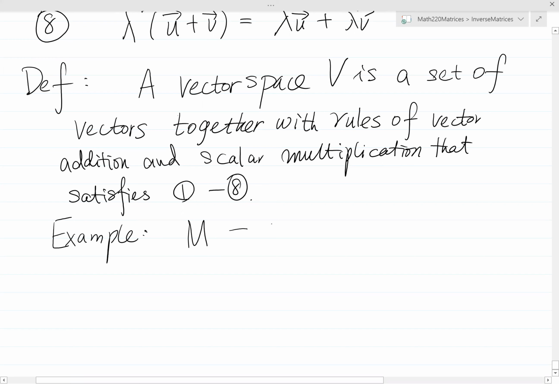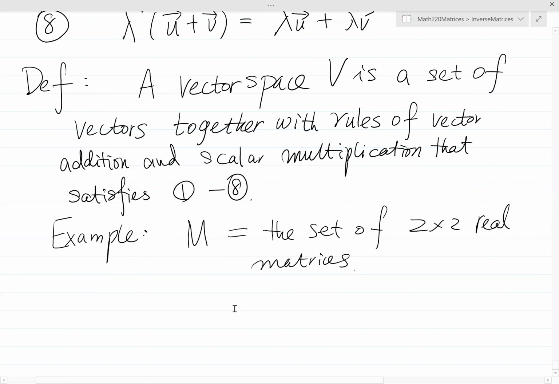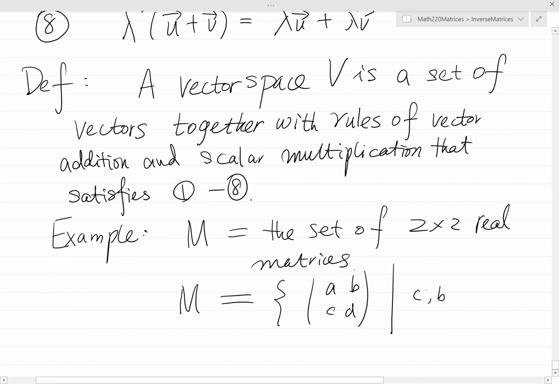Then M is this thing: matrices with entries a, b, c, d in R.